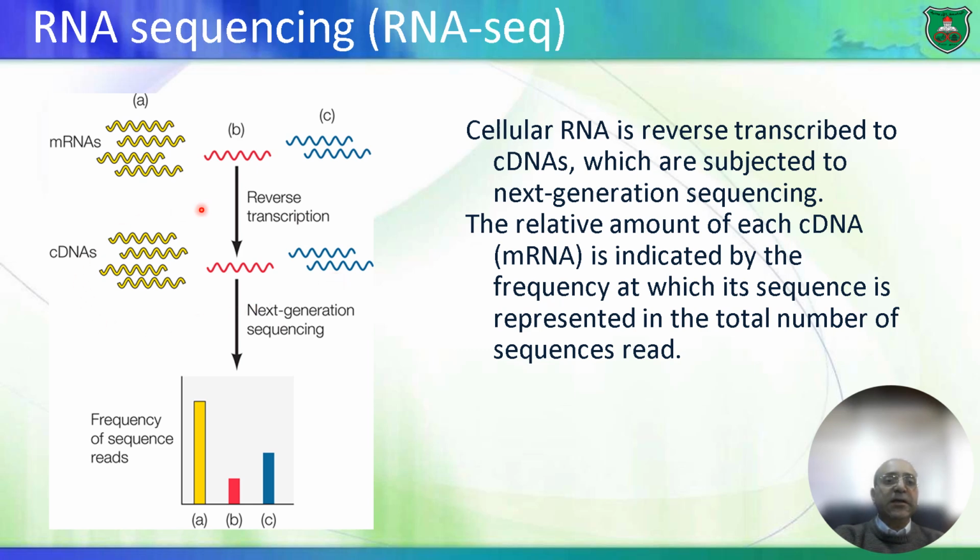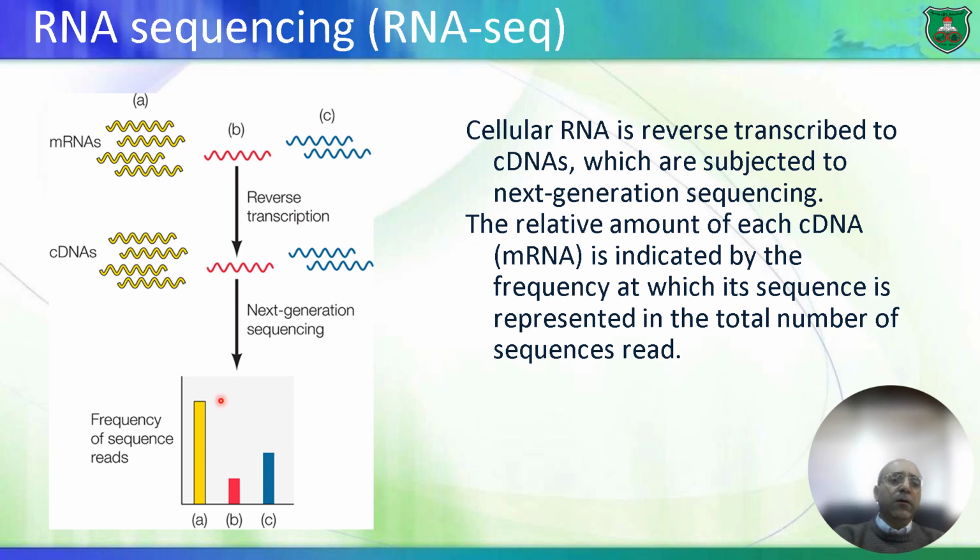And then these cDNA molecules are sequenced, using next generation sequencing, the high throughput sequencing method that I talked about, where we can sequence so many DNA molecules all at the same time. So you can go back to the DNA sequencing lecture.